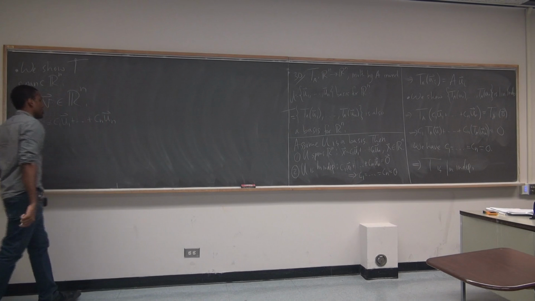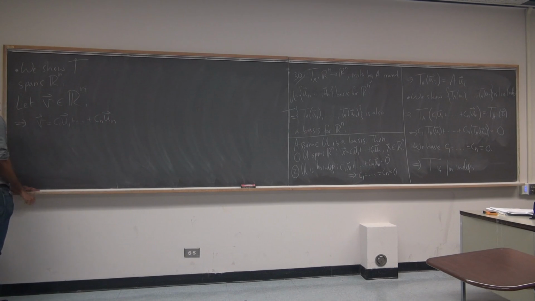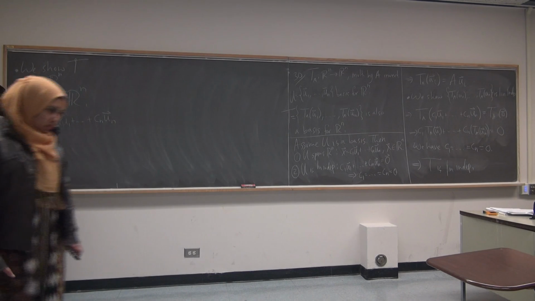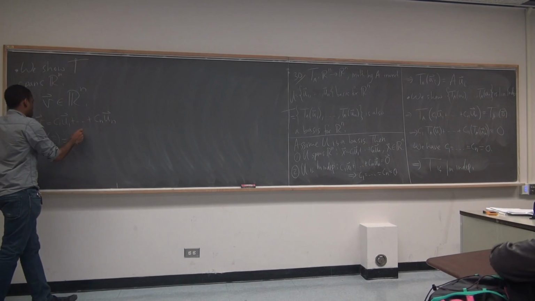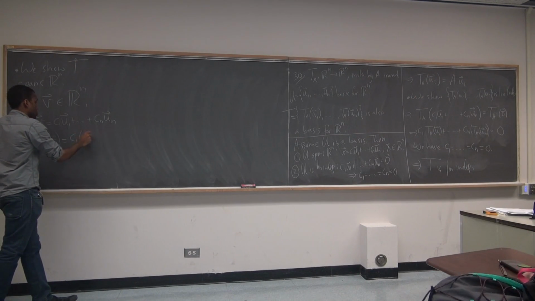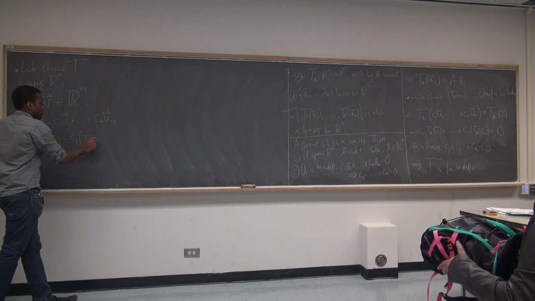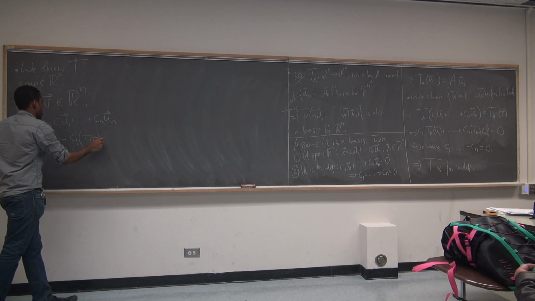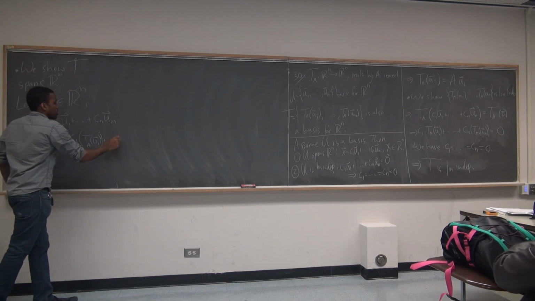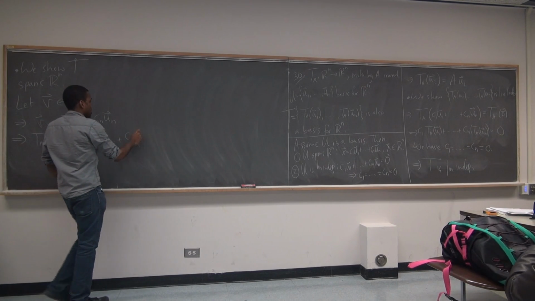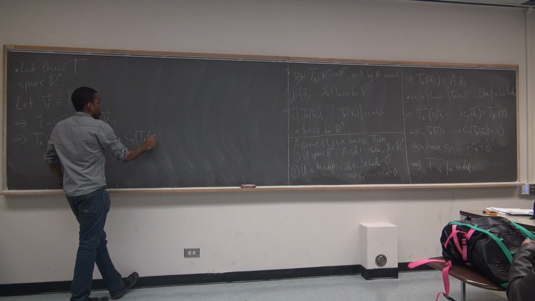If you apply T_A, you multiply both sides by matrix A. So AV is A times the rest: c1 T_A(u1) all the way up to cn T_A(un).